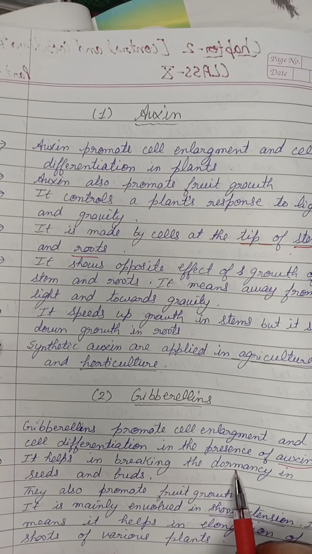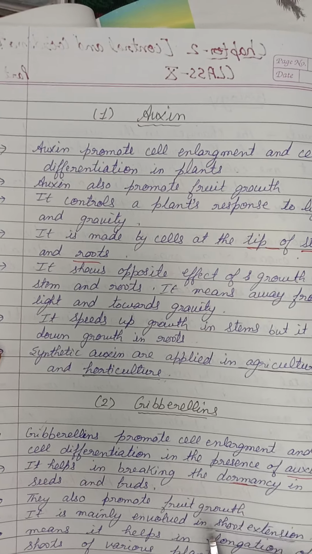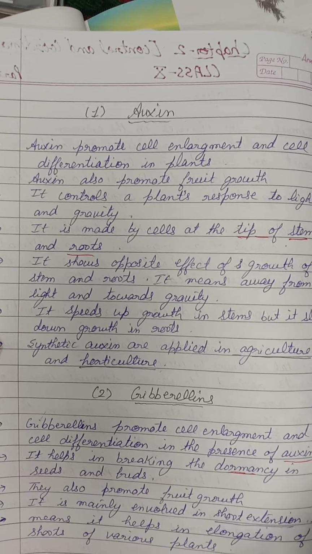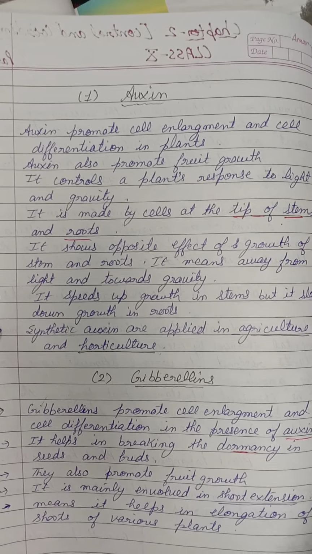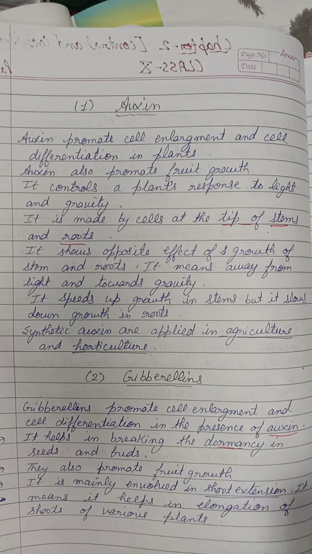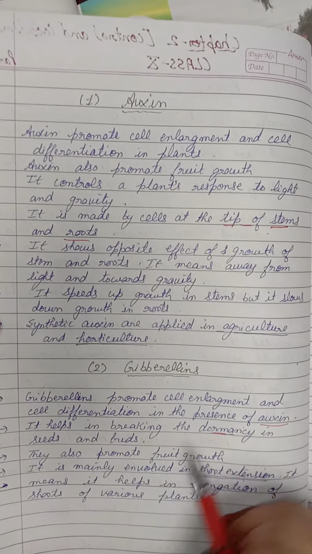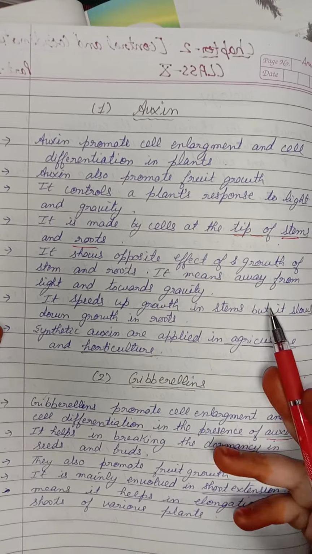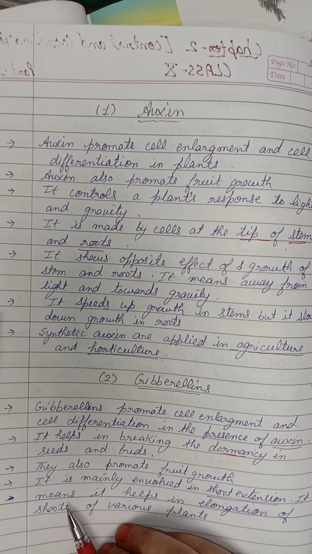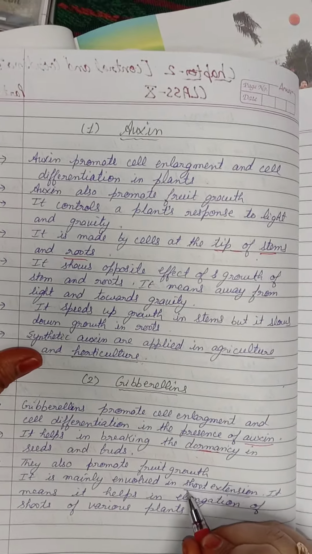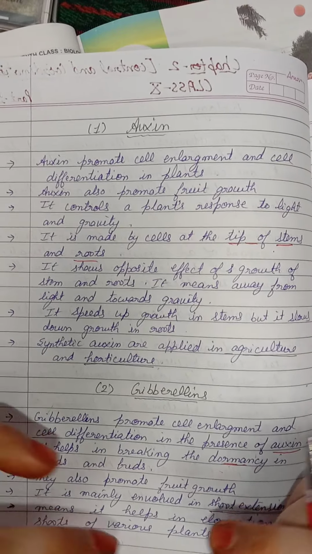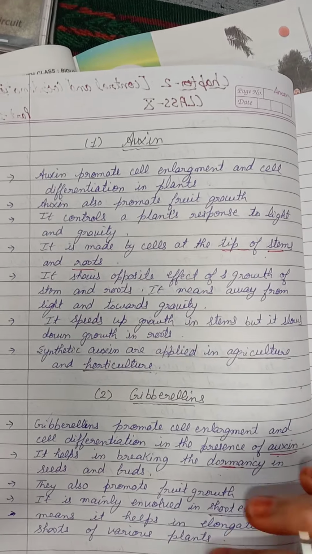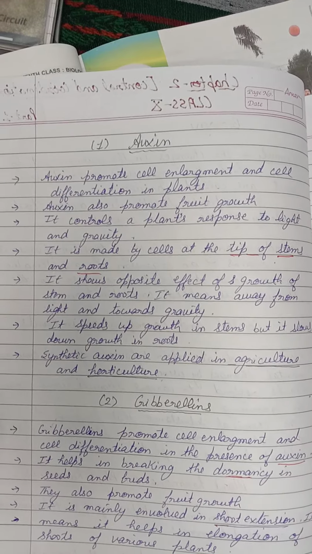Dormancy means the resting form of the seed, where the seed shows no growth and no plant develops from it. It also promotes fruit growth, like auxin. The main function of gibberellin is shoot extension, meaning it increases the length of the plant. This is all about gibberellin.